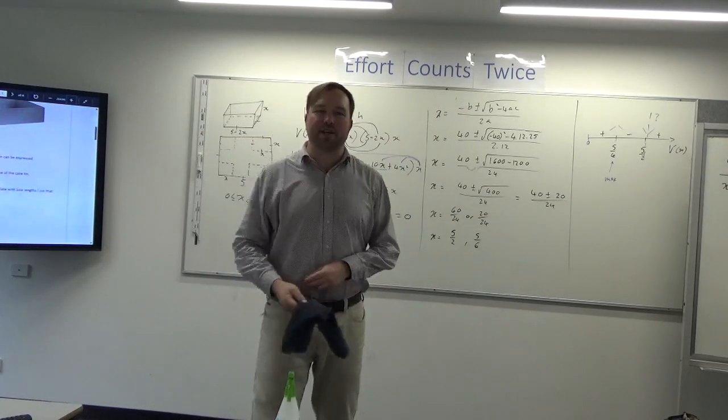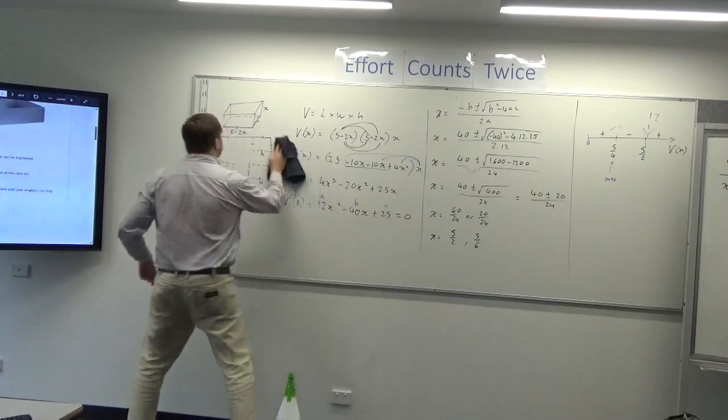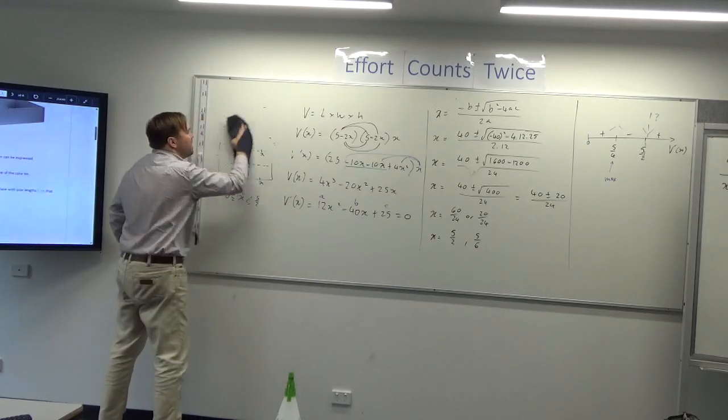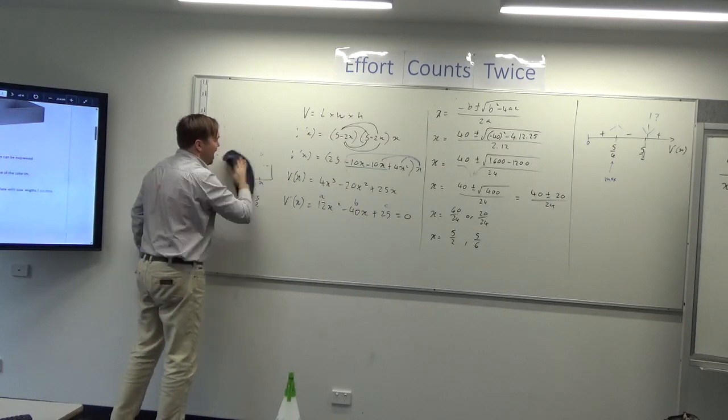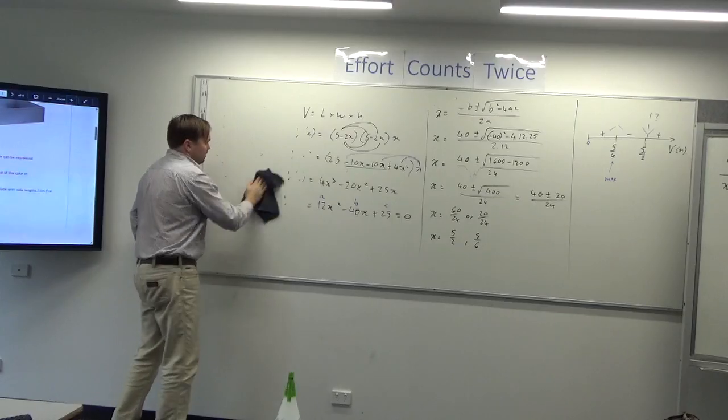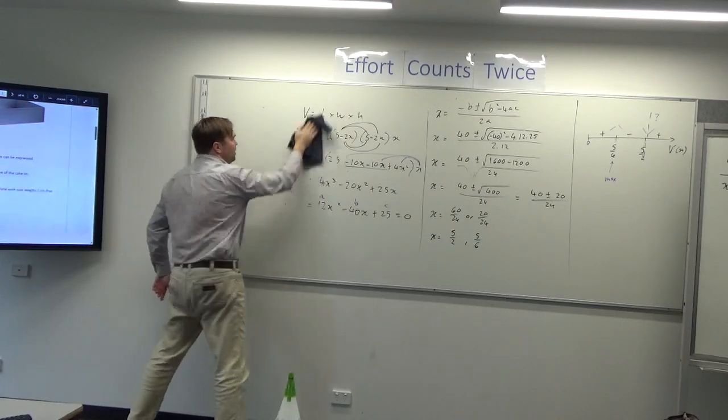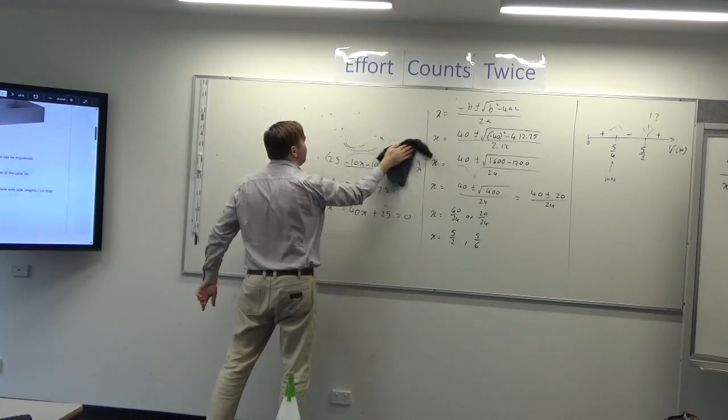Instead of a box length 5 or 9 or 12, let's start with a box with base length L. And I'm just going to clear some space.